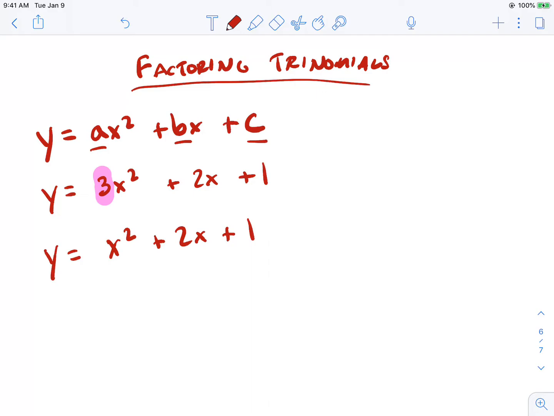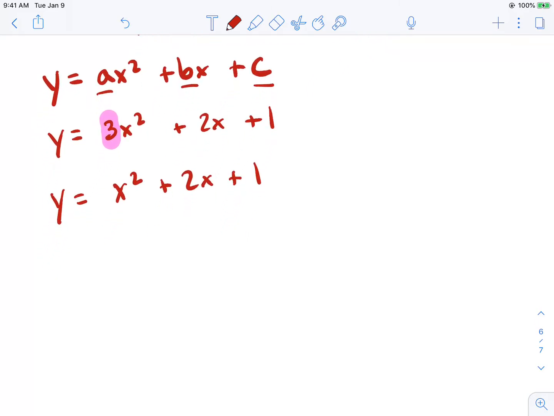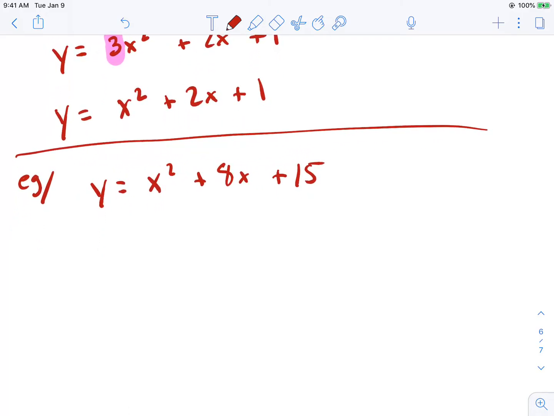So whenever we factor trinomials, let's start by taking a look at an example. Let's look at y equals x squared plus 8x plus 15. So here's how it works.